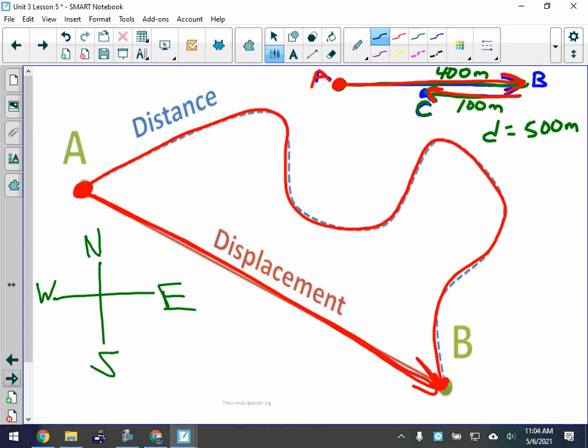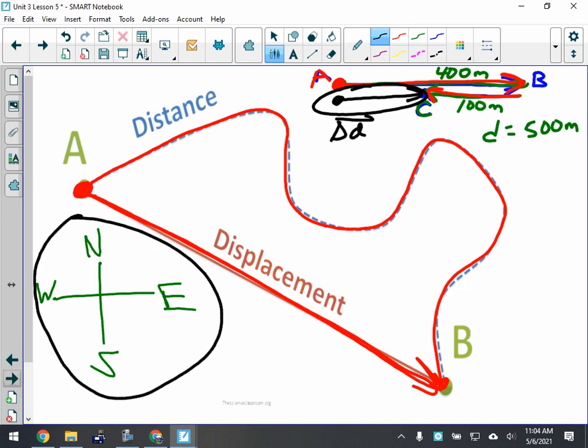So this is kind of where Avery starts here, finishes here. This right here is the displacement. We'll talk about how you figure that out, et cetera. It's not only a number, but it's also going to include a direction. And that's what this is right here. Make sure you know your directions. I know that sounds stupid, but you should probably know the directions, okay? North, west, east, and south. Make sure you know which way is which. Write that down if you have to.